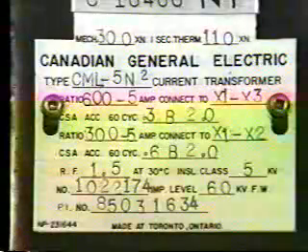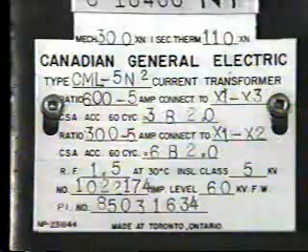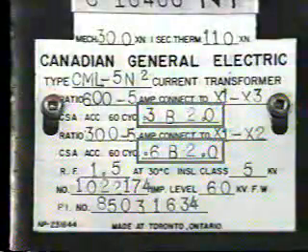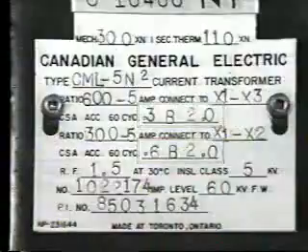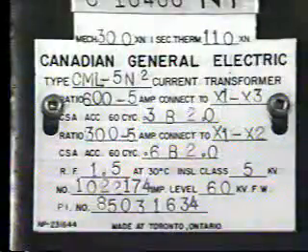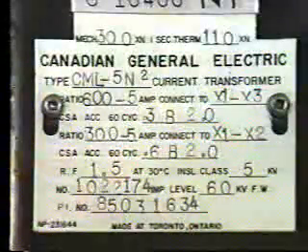Generally speaking, the CTs are rated at 5 amps maximum, while the restraint coils have a continuous rating of 10 amps or maybe more. Another way to ensure good performance from the CTs is to have as low a burden as possible. Preferably, individual CTs should be used to feed differential relays.